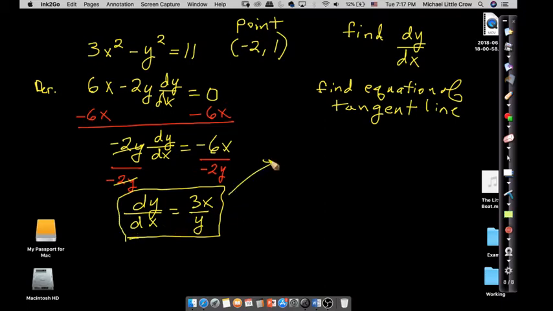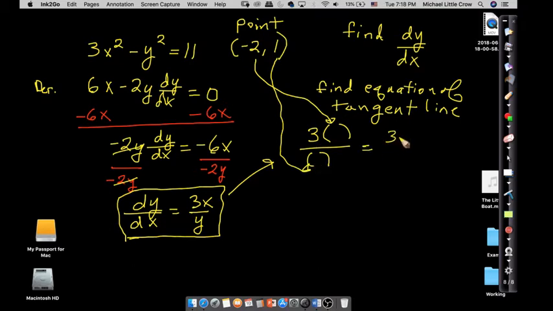The next step is to take this, plug in the x coordinate for the x, the y coordinate for the y. So we end up with 3 times negative 2 over 1. And so what's our slope? Negative 6 at that particular point.